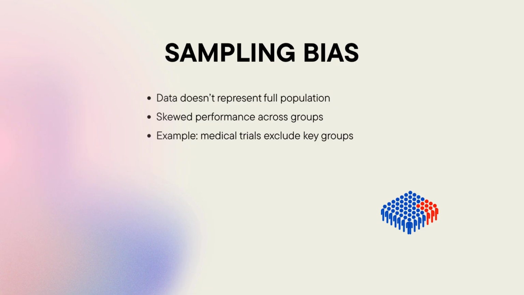The issue isn't that the algorithm is inherently flawed, it's that the sample is incomplete. This mismatch can have life or death consequences, from misdiagnosis to ineffective treatments. Avoiding sampling bias means deliberately designing datasets that reflect the diversity of the real world population the model will encounter.